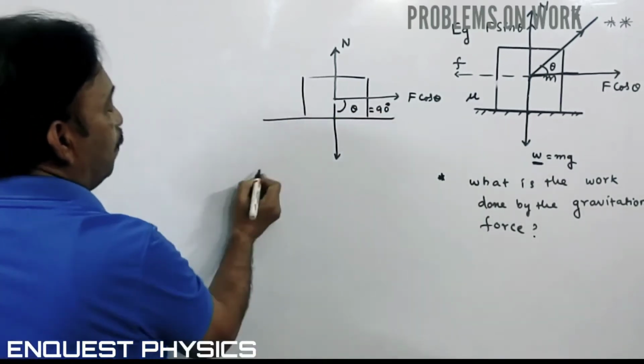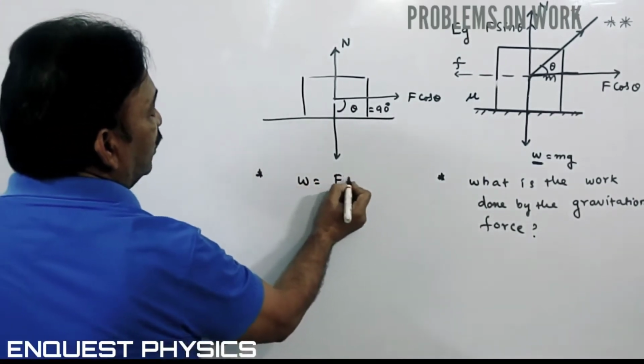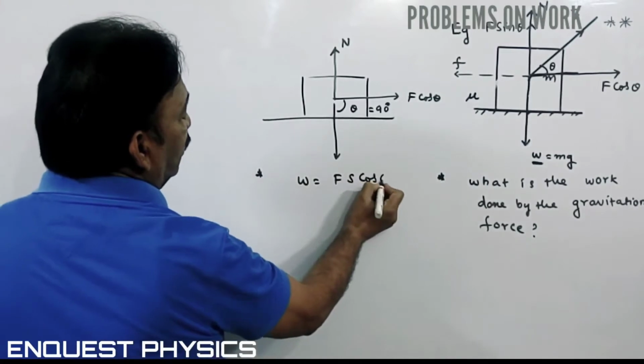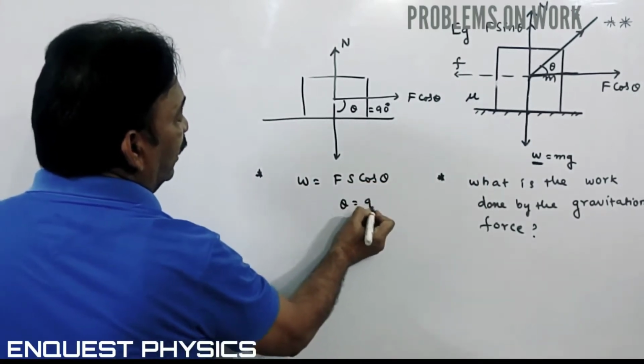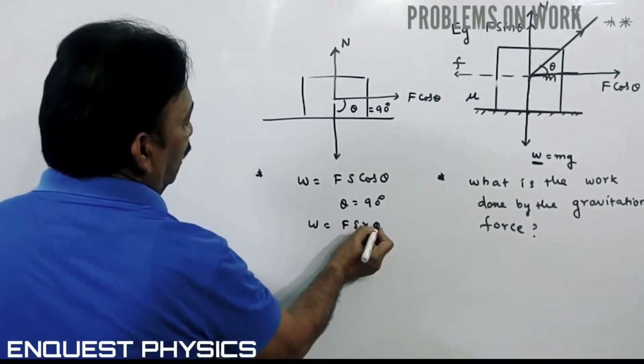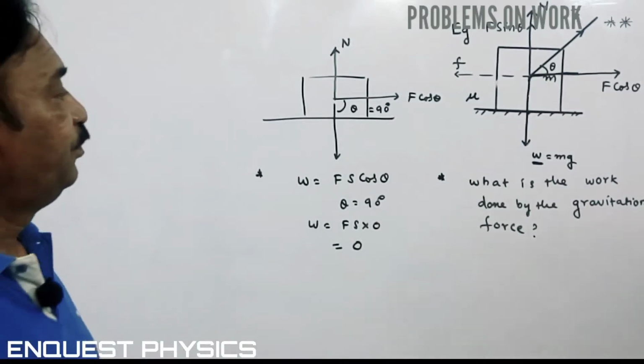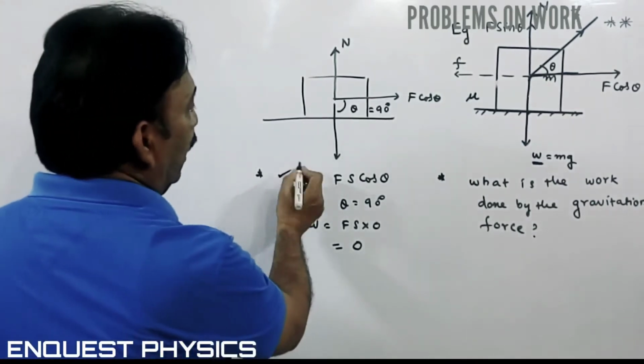If you apply the relation, work done is equal to Fs cos theta, here theta is 90, then work done is equal to Fs into 0. So the work done by the gravitational force is 0.